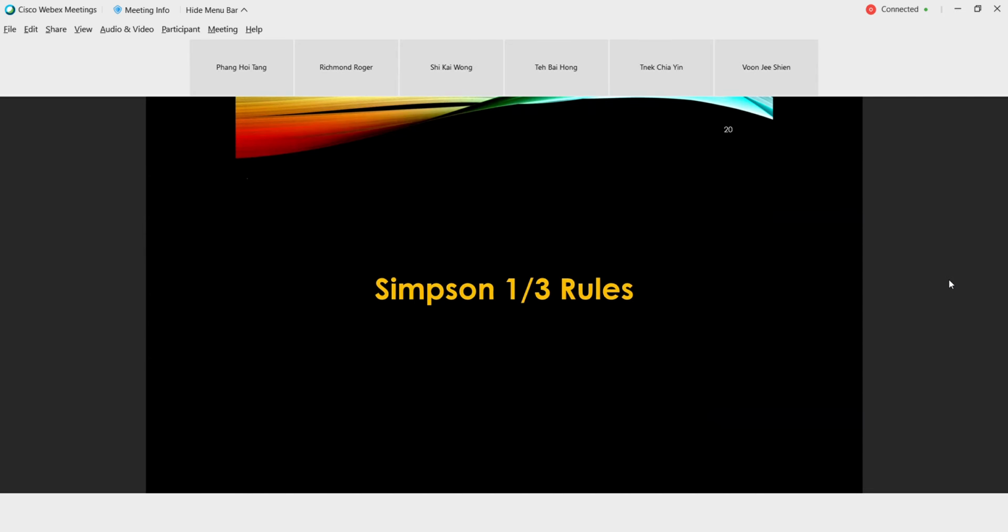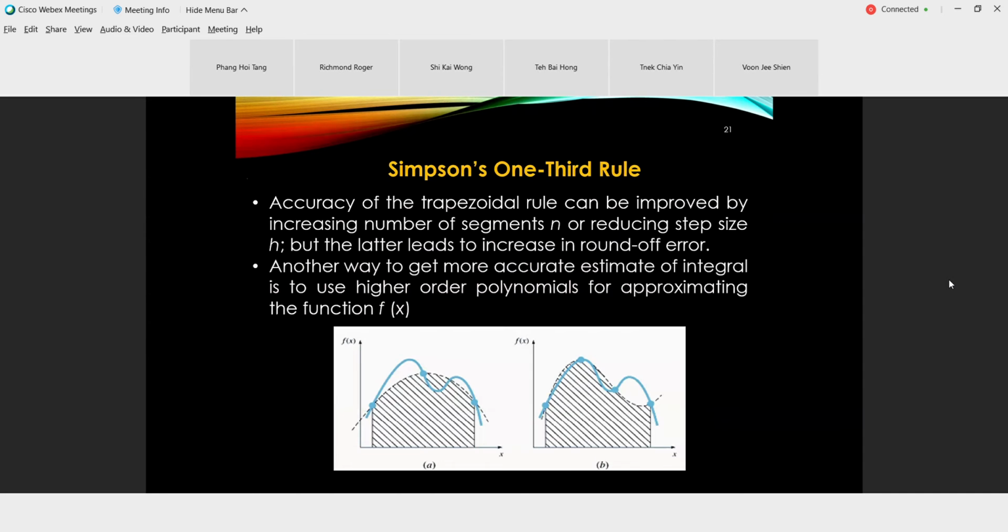So the difficult method after this is Simpson. A little bit difficult. Simpson's one-third rule. I would like to introduce you now to Simpson's one-third rule. Simpson's one-third rule is actually a more accurate method compared to the trapezoidal rule.